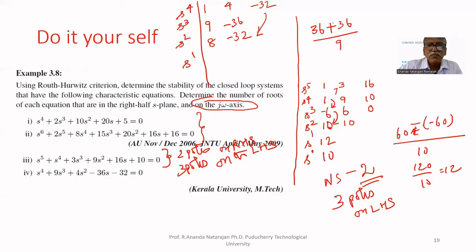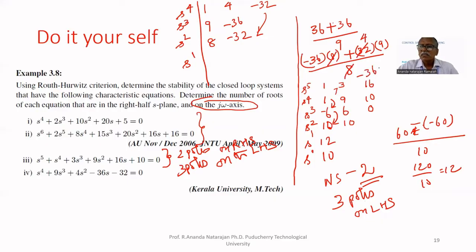Then we have to find s power 1. 36 multiplied by 8 minus 32, so plus multiplied by 9 divided by 8. How much? Minus 36 plus 36.